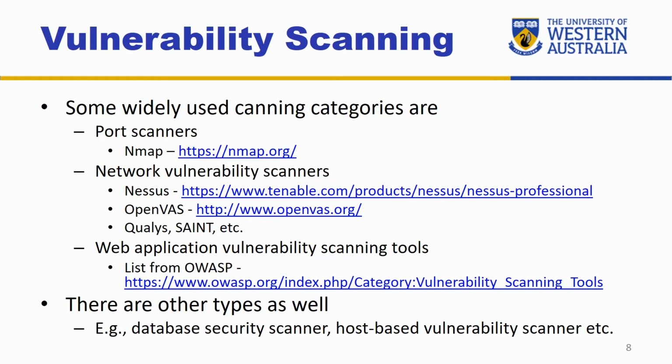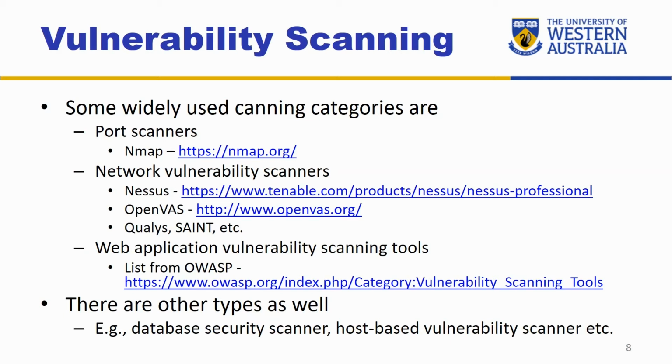So that's the port scanners, and if we go a little bit more broad onto the networks, there are tools like Nessus or OpenVAS, and those are network vulnerability scanners. They will scan through the network, including all the IPs, so they will identify the hosts. They will check what kind of OS it's running, and if possible, they could also check some applications that are running.